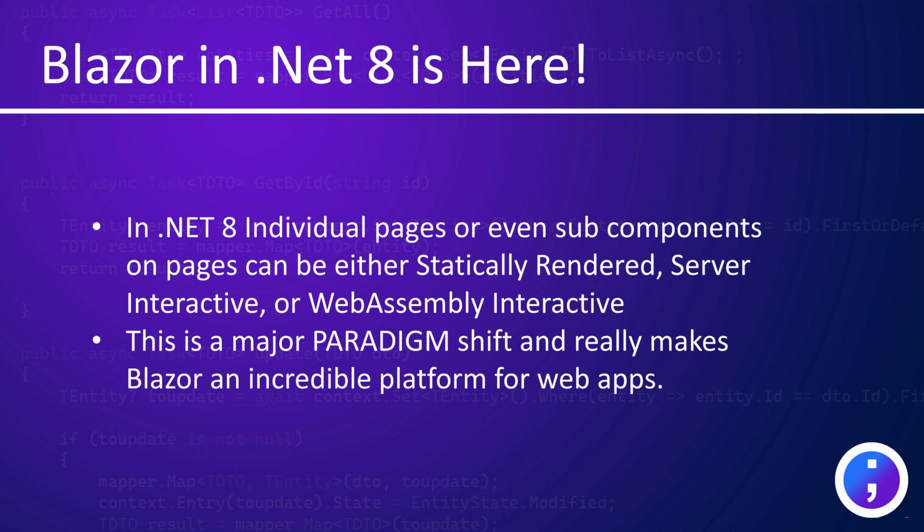However, in .NET 8, individual pages or even subcomponents on a page can be either statically rendered or rendered using Blazor Server or Blazor WebAssembly for interactivity. This is a major paradigm shift and makes Blazor a much more flexible platform for developing web applications.